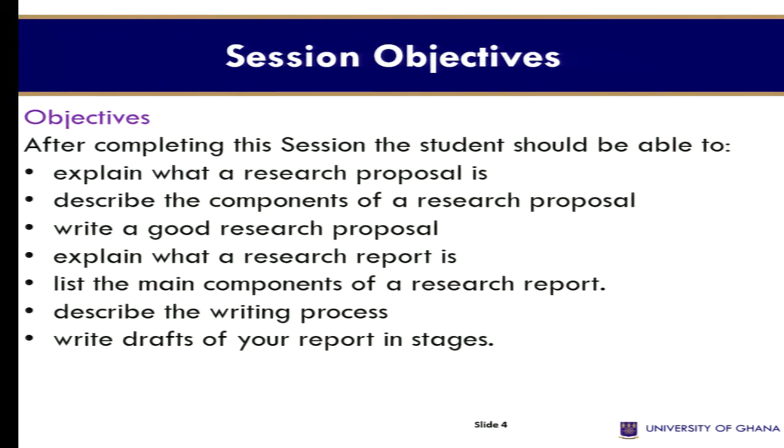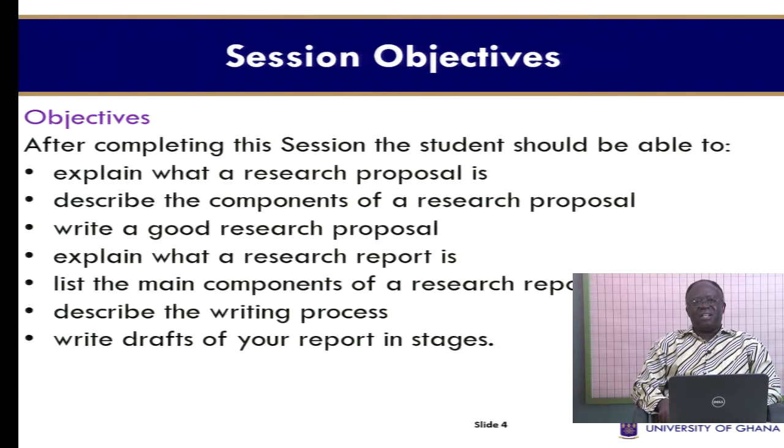After completing this lesson, you should be able to do the following: explain what a research proposal is, describe the various components of a research proposal, and write a good proposal. Then list the main components of a research proposal, describe how to write a research proposal, and draft your own research report.